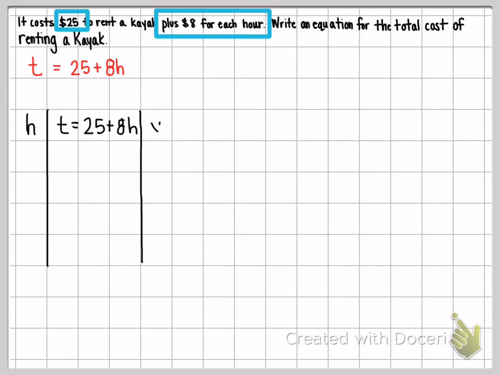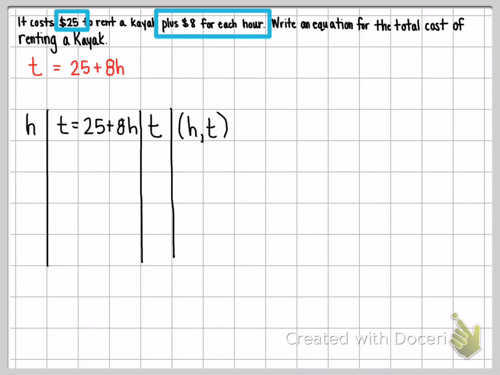You're getting out T, the total price, and that will give you your ordered pair, not x, y, I'm sorry, h, the number of hours, and your total cost.